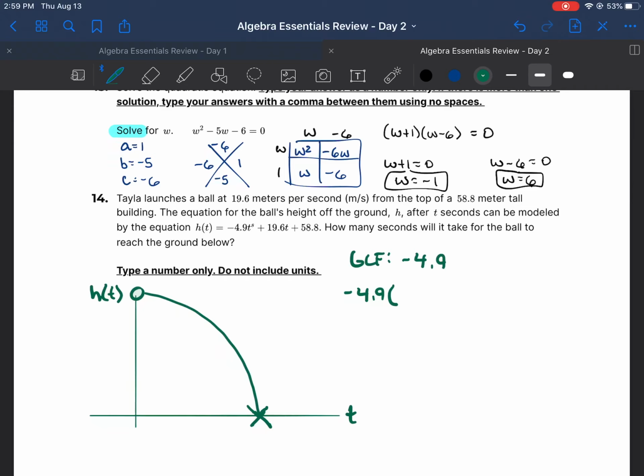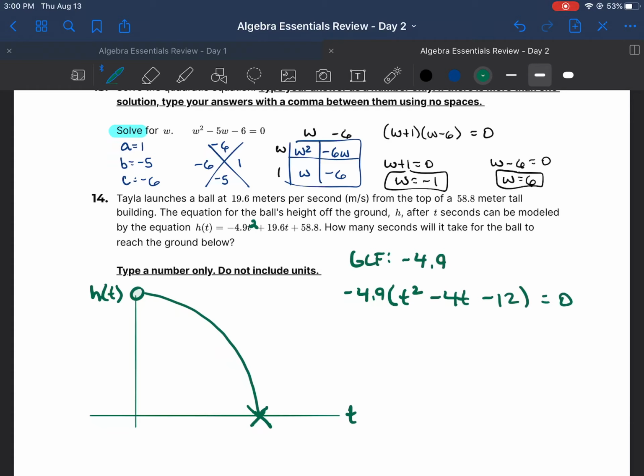We would have t squared, that should be a power of 2, by the way, t squared, and then 19.6 divided by negative 4.9 would give us minus 4, so minus 4t. 58.8 divided by negative 4.9 give us negative 12.